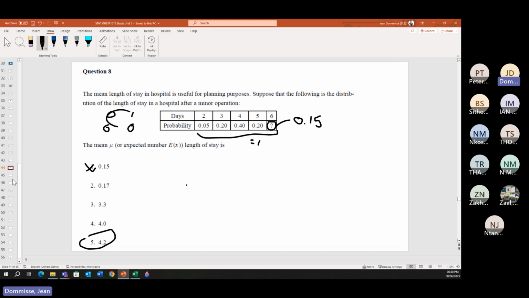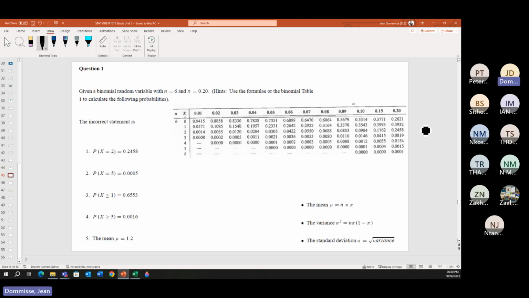Okay, up until here we only looked at discrete probabilities. Now we're going over to binomial, and what I've already added in the questions is the binomial table.